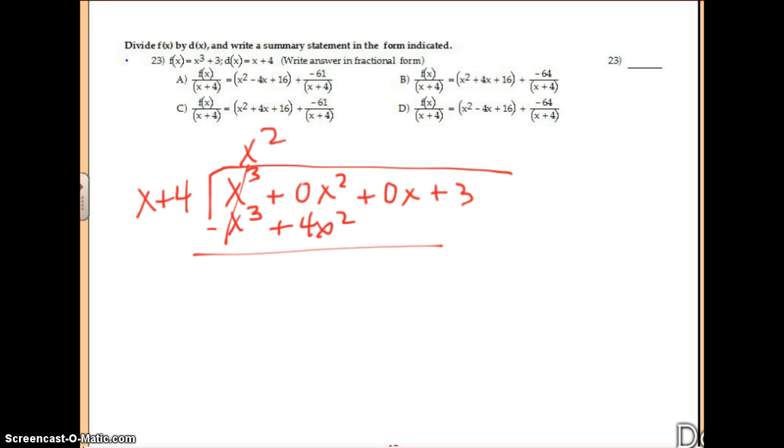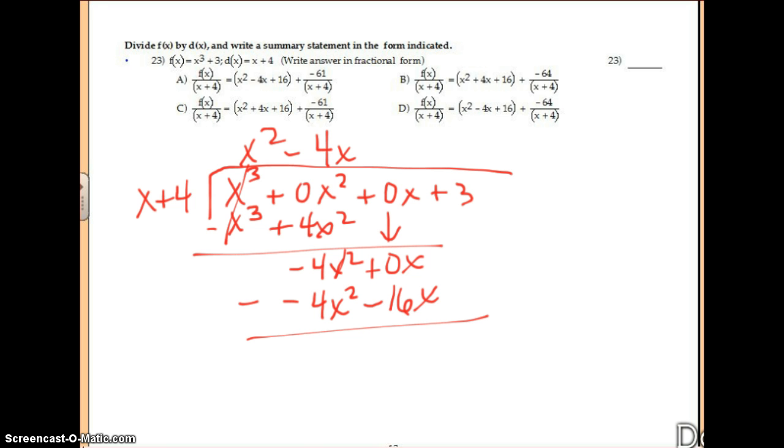0 minus 4x squared is negative 4x squared, and bring down the 0x. Now we need a negative 4x to make negative 4x squared. So that's negative 4x squared minus 16x. Again, we're going to subtract those terms. 0 minus negative 16 is positive 16x, and then bring down the 3.